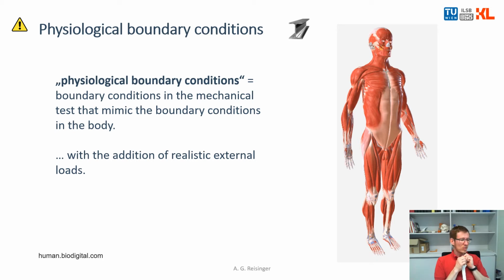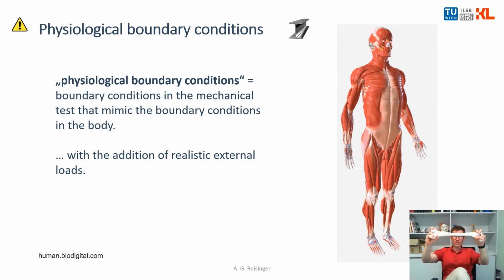And when you do an experiment on your bone, you would like to measure, for example, the fracture load of that bone, so when it breaks. You should consider doing that as closely as possible to the conditions as if the bone was inside a human body, because then it's more representative of the real world, right? So it makes a difference if you, for example, break this bone like this.